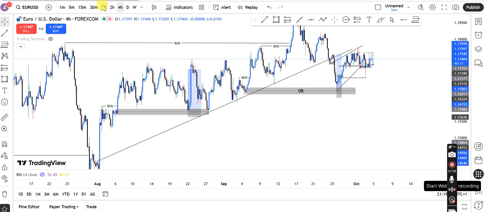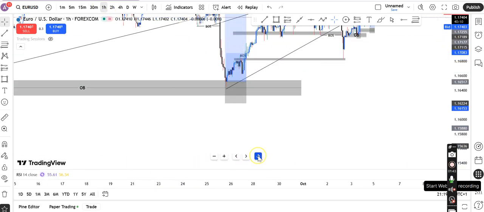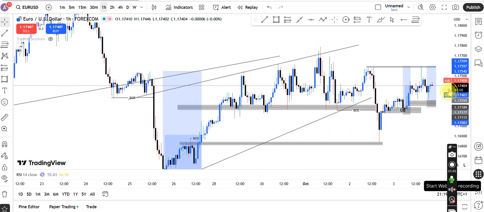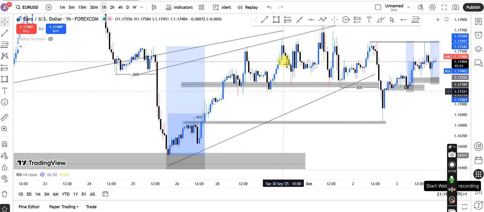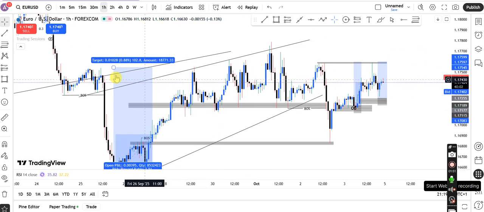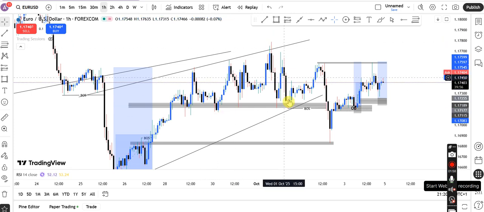And then if you go to the 1 hour, okay, 1 hour. What's happening in the 1 hour? Same upward trend. You can see that it has been consolidating in here. So it has been creating highs and lows, highs and lows, all here.